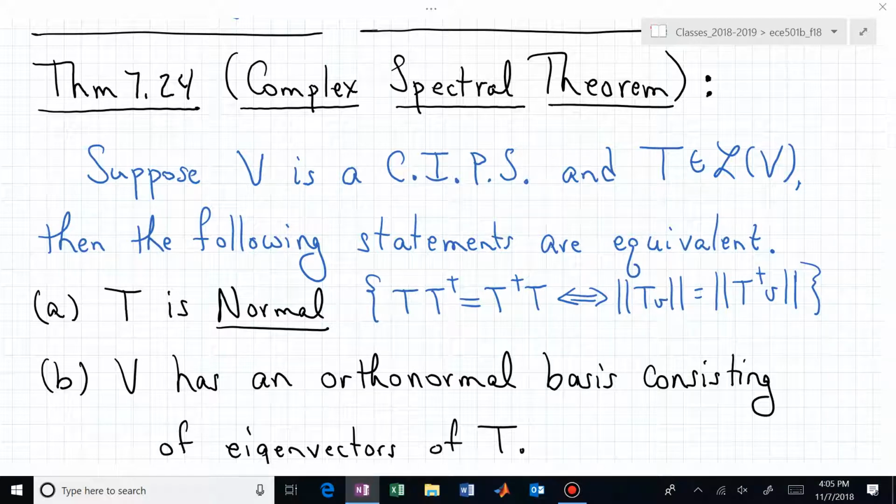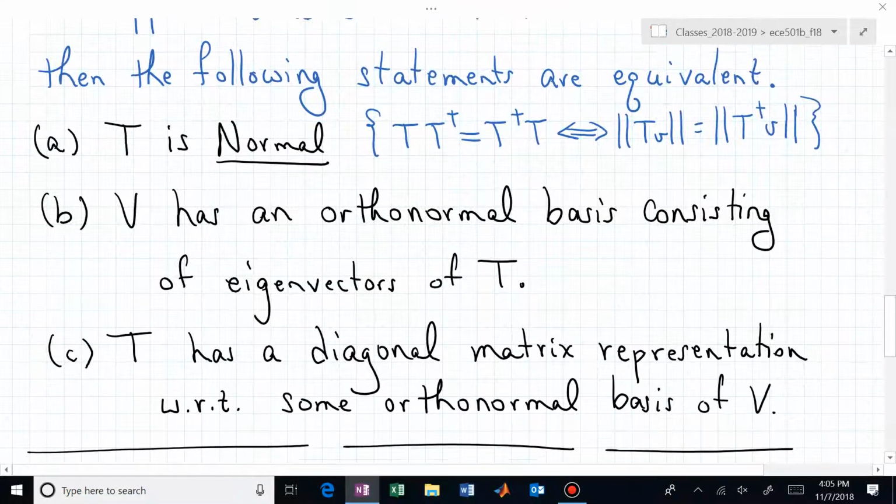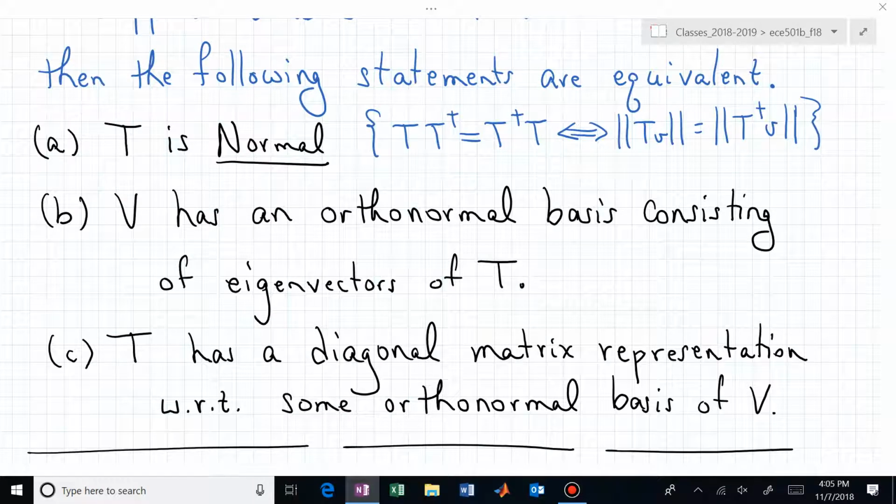Then if that's the case, the following statements are equivalent. 1, T is normal, and we know what that means. That's in curly brackets in blue. T T dagger is equal to T dagger T, or T commutes with its adjoint, or it's norm preserving between T and its adjoint.